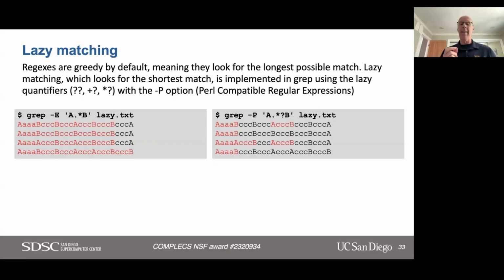So we can see when we do the lazy matching, if we do an A dot star question mark B, now we're going to look for the shortest possible matches. And in many cases, there's more than one match within the string.